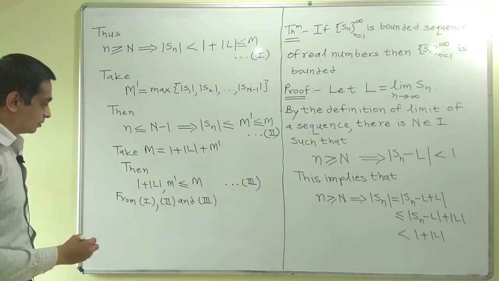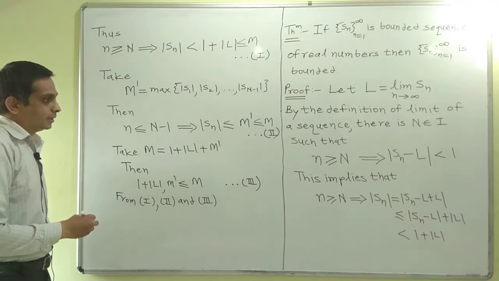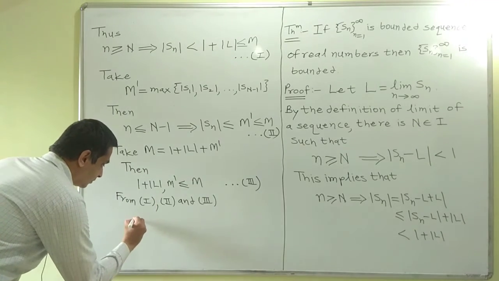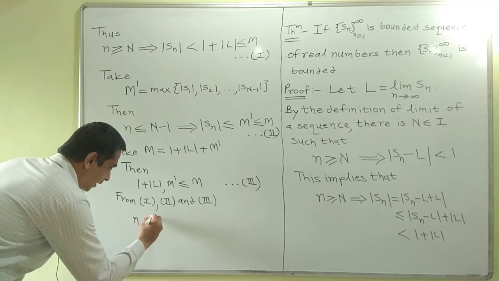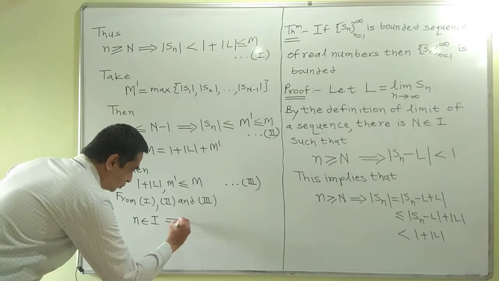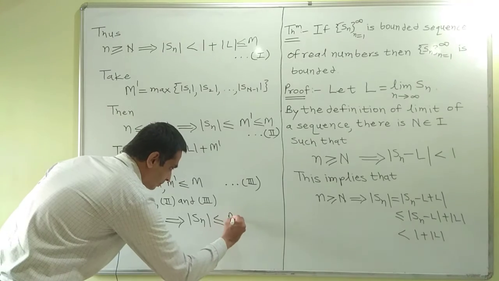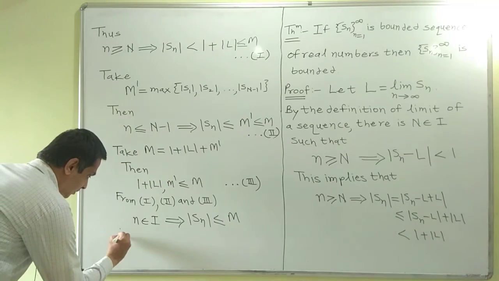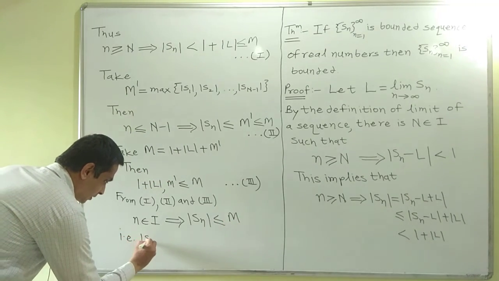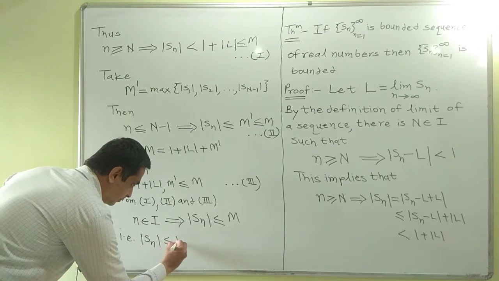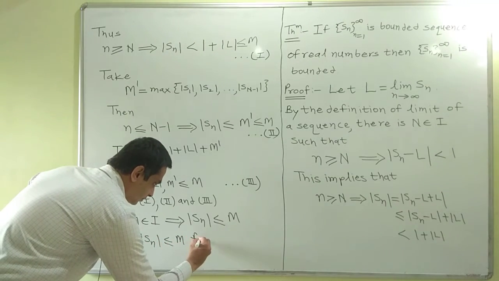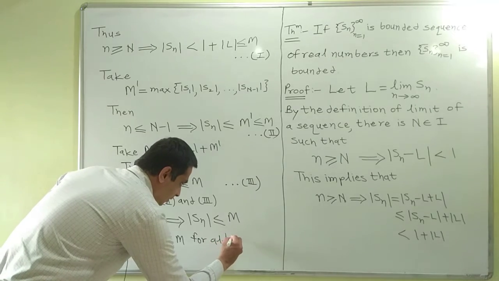So from first, second and third, we can write whenever n belongs to I, it is always true that mod Sn is less equal to M. That is, mod Sn is less equal to M for all n belongs to I.